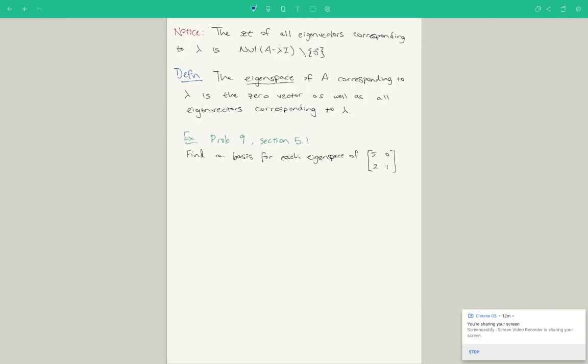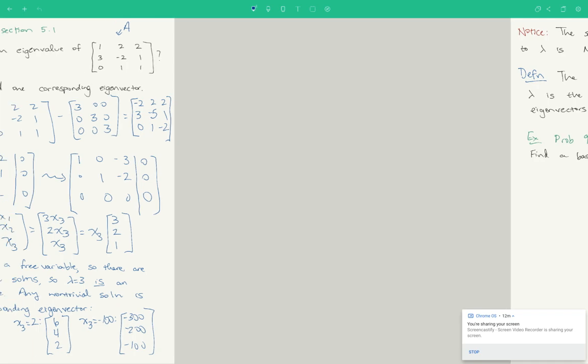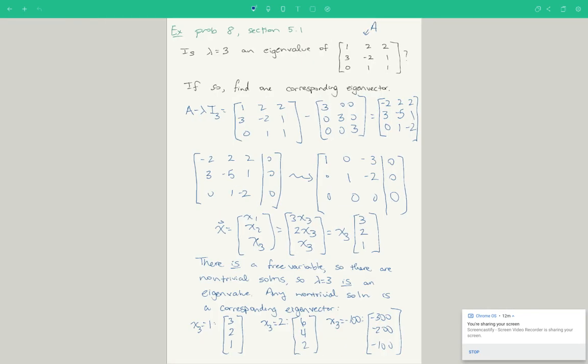So you'll notice that the set of all eigenvectors corresponding to a specific eigenvalue is the null space of that A minus lambda I. So remember, we just took A minus lambda I and we found its parametric vector form, and that's what we did when we tried to find a null space.